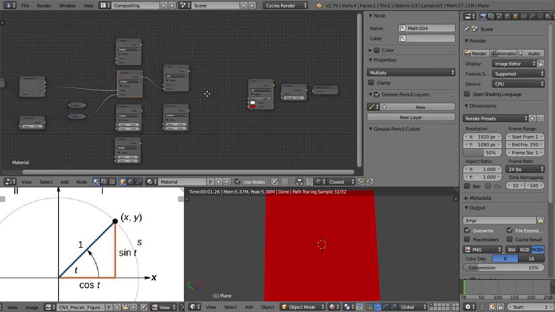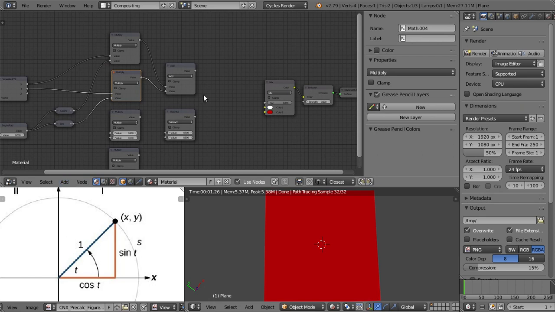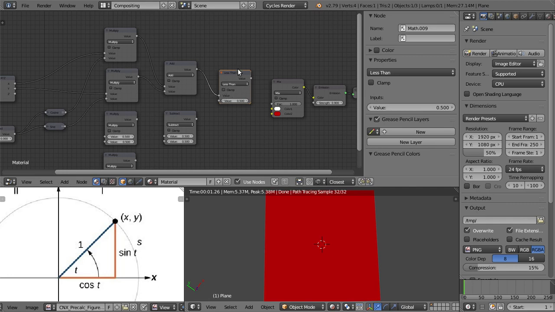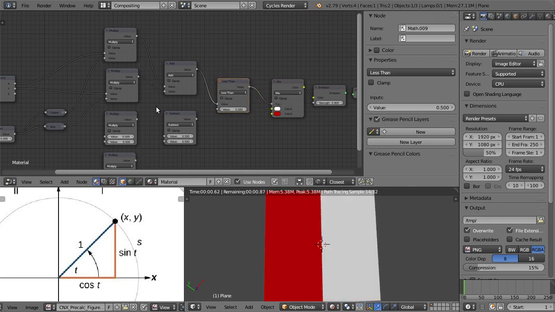So let's do that less than, greater than thing. Yeah, I know it's a little tricky here. So let's do 7.5. It's going to be red, so then we go that, and now we put that in a factor.